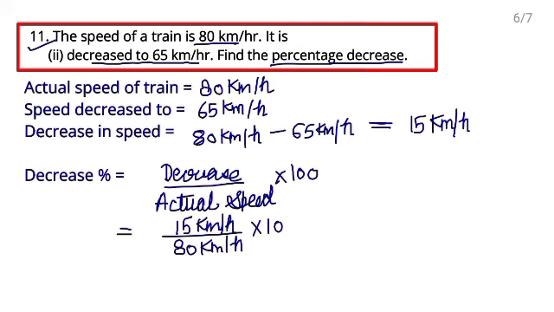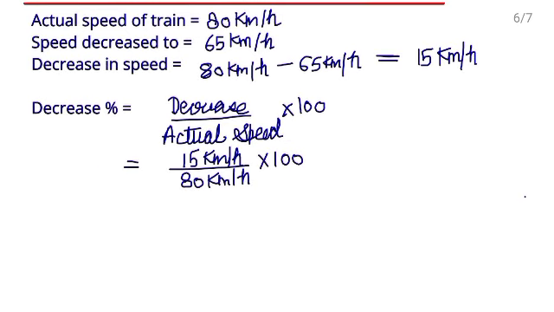Multiply by 100. Now solve it. 5 3s are 15. 5 1s are 5. 5 6s are 30. Now 4 4s are 16. 4 2s are 8. 4 5s are 20. So this is equal to 25 multiply 3 is 75 upon 4. Kilometer per hour to kilometer per hour cancel out.